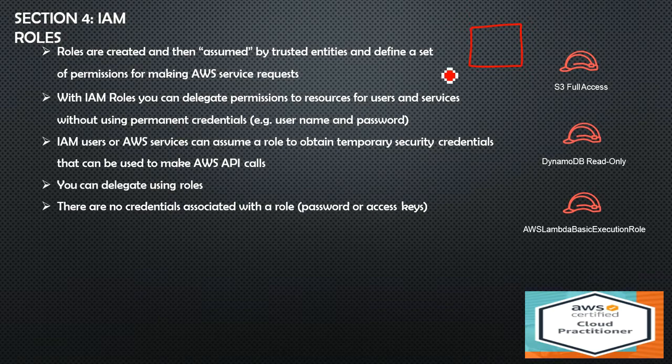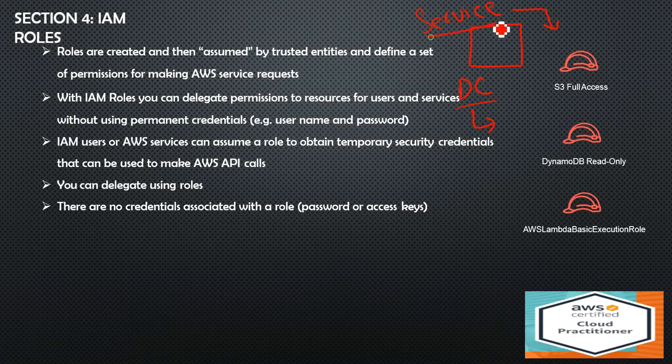So for example, just take an example of a person. He has been given the role of, say, DC. He is the deputy commissioner of a place. So he assumes that role and he gets that power, right? So that is something like that. So you actually assign this role to a service, and then that service assumes those powers.